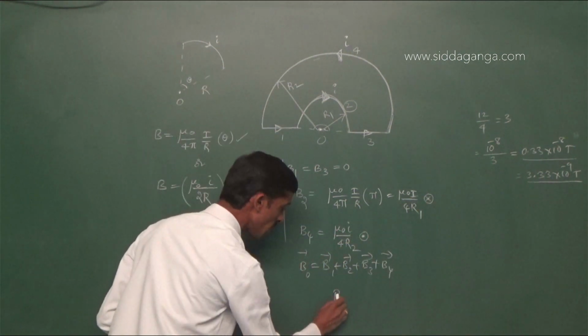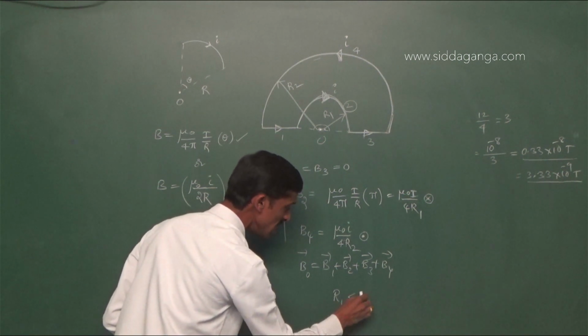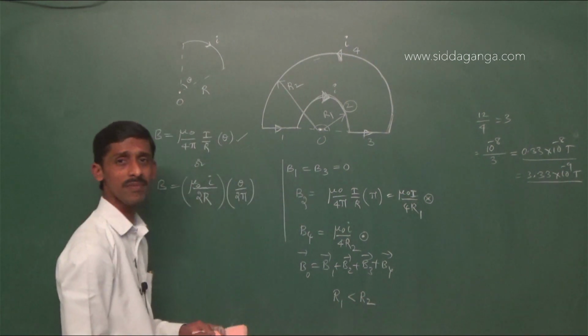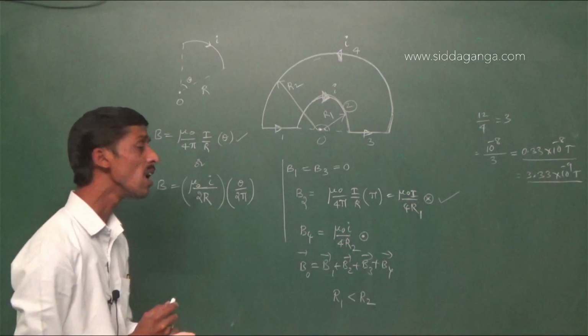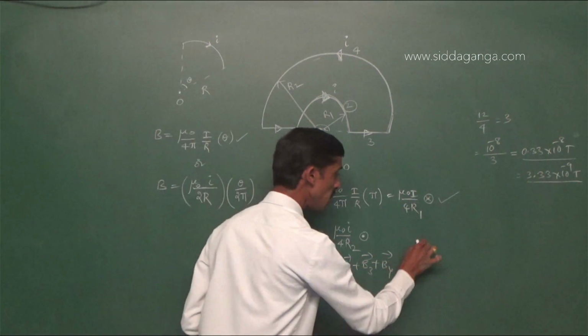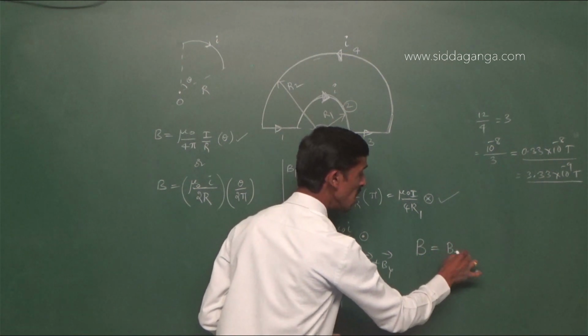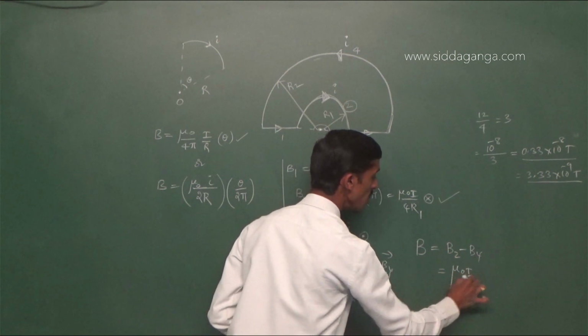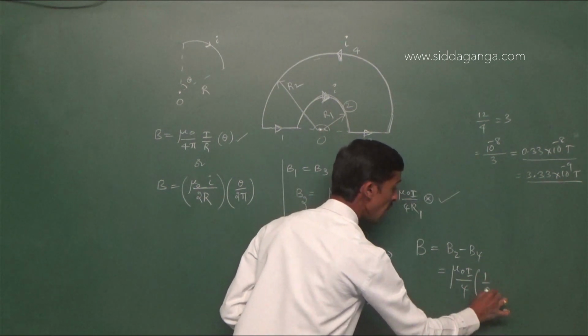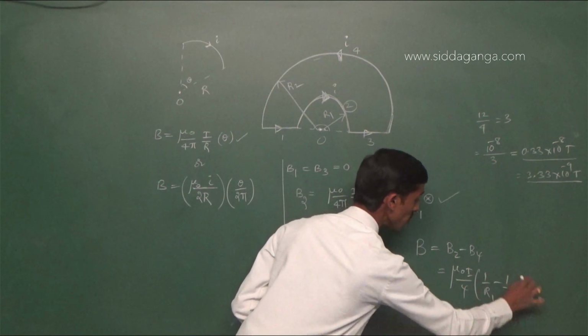From this figure it is very clear that R1 is less than R2. So the magnetic field B2 is more than B4. The net magnetic field B is equal to B2 minus B4, which is equal to mu naught I by 4, taking common, 1 by R1 minus 1 by R2.